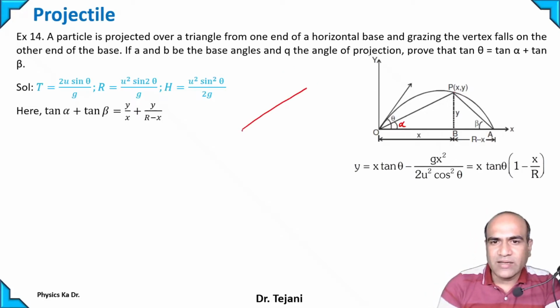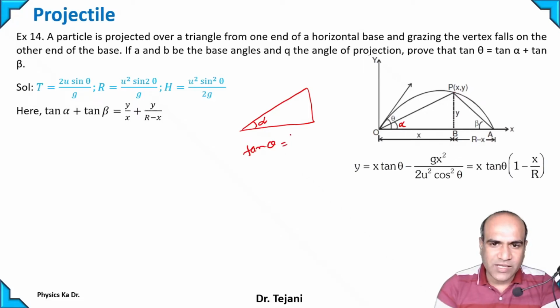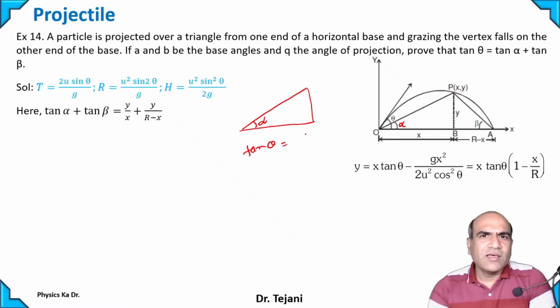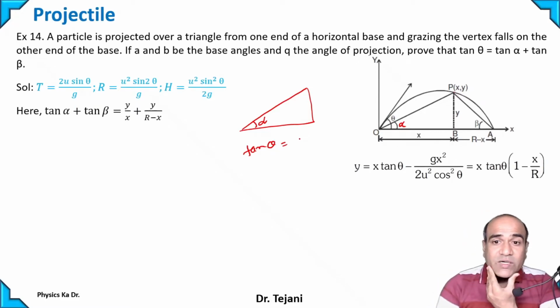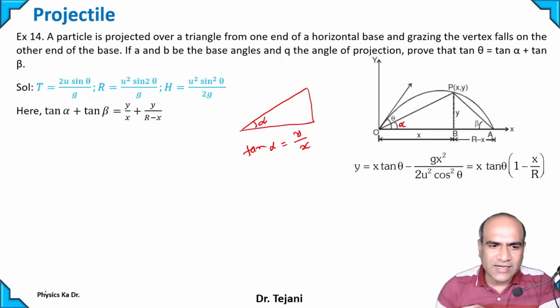Can we write this triangle here? This is our triangle. This is alpha. So tan alpha is equal to the perpendicular side over the base, so y by x. Let's change the color.